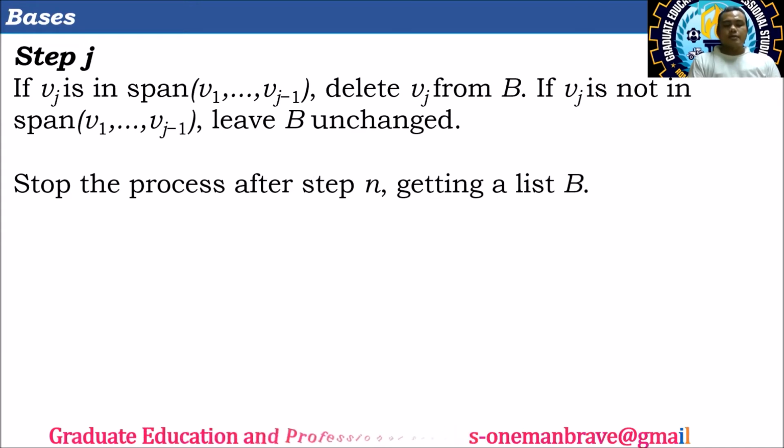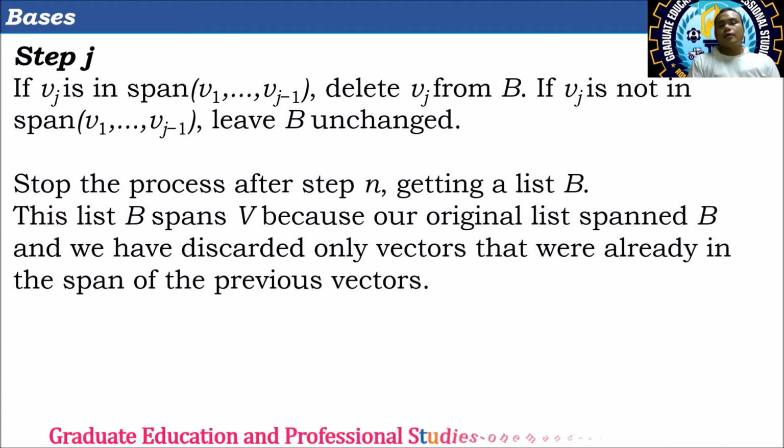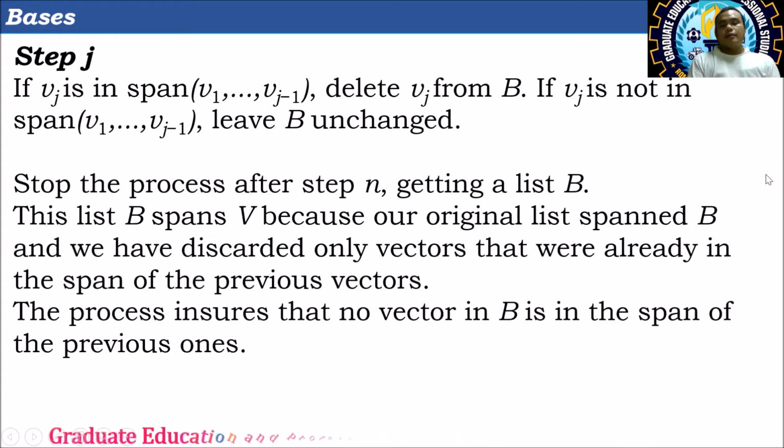So this list B spans V because our original list spans V, and we have discarded only vectors that were already in the span of the previous vectors. So the process ensures that no vector in B is in the span of the previous ones.